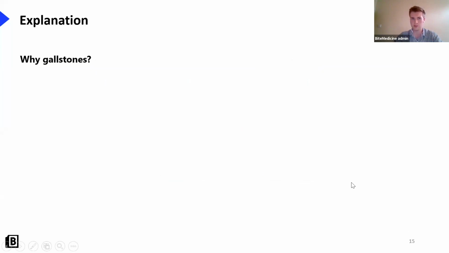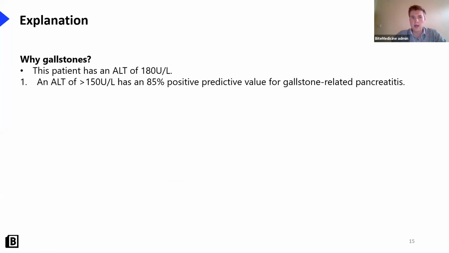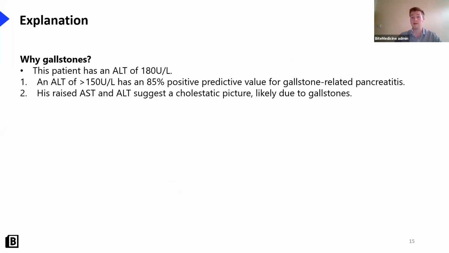Okay, so why gallstones? So this patient had an ALT of 180, okay? An ALT of 150 from the literature has an 85% positive predictive value for gallstone-related pancreatitis, all right? Number 2, he had both raised AST and ALT, which in itself is suggestive of some sort of cholestatic picture, likely gallstones.